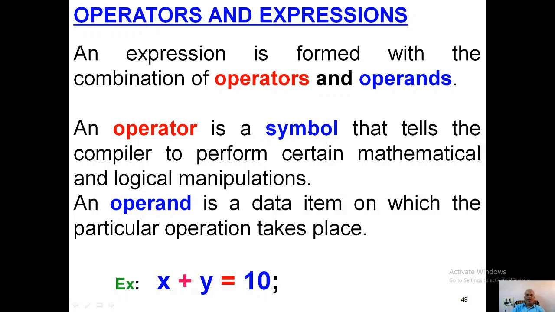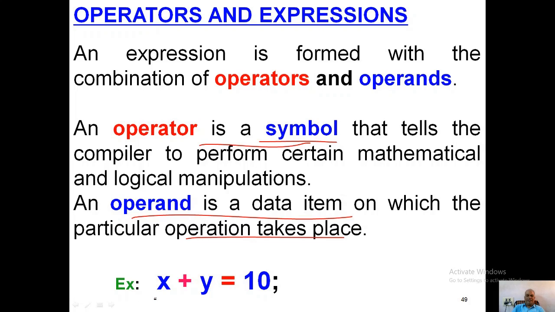An operator is a symbol, plus, minus, star, etc., that tells the compiler to perform certain mathematical or logical manipulation, either less than, greater than, etc. An operator is a symbol, whereas an operand is a data item on which the particular operation takes place.